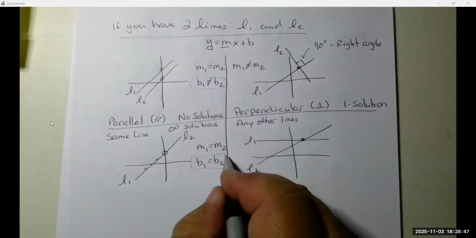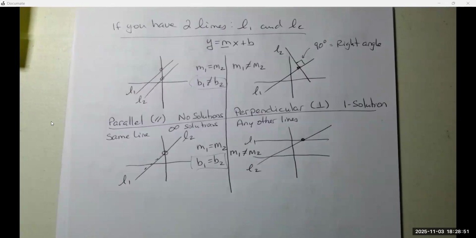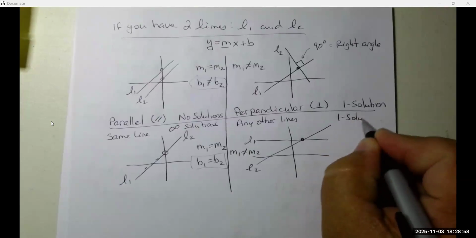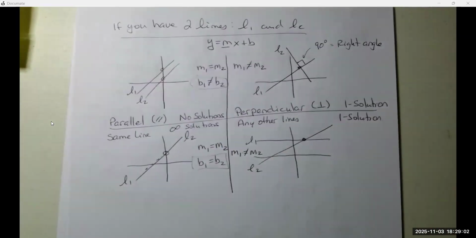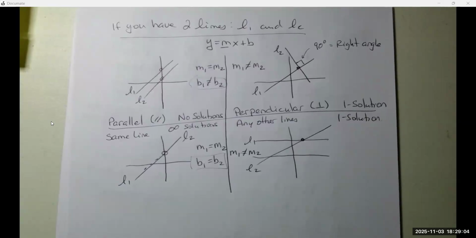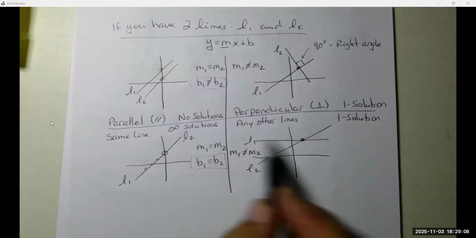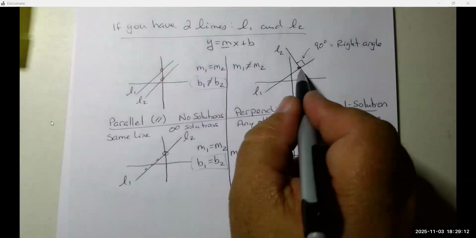All we know about it is the slopes are not equal. This one has one solution also. But what distinguishes these two? What distinguishes is the slopes. This one has any slopes. As long as they're not equal, it's okay. But this one has a unique one.